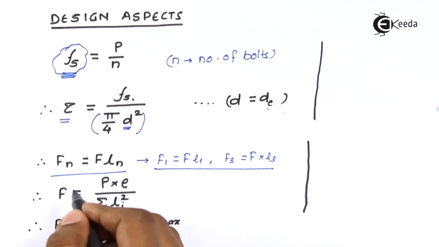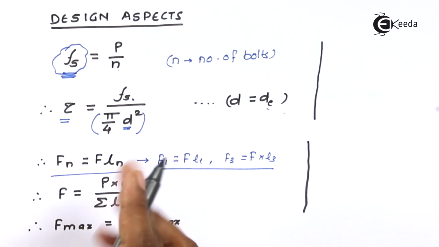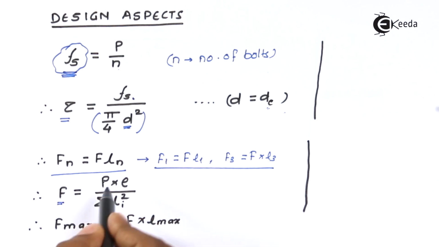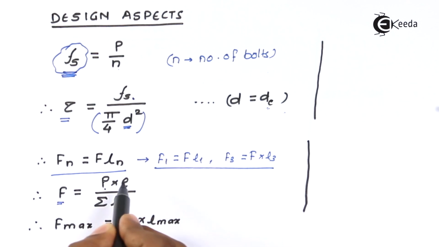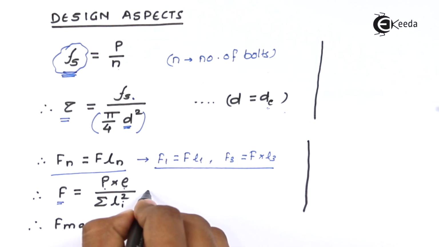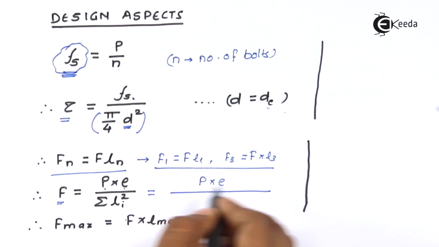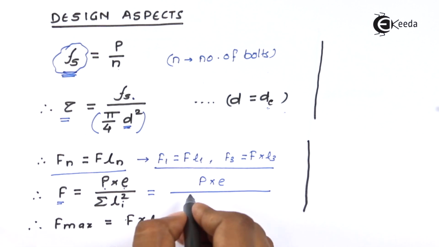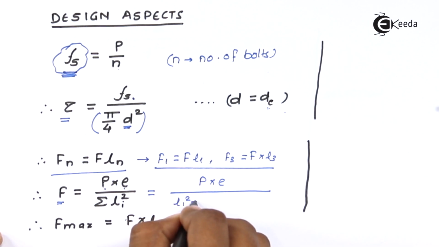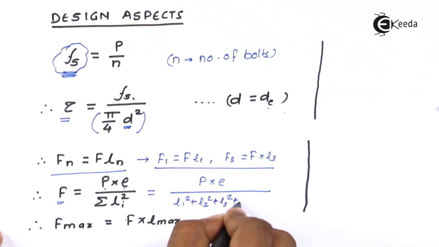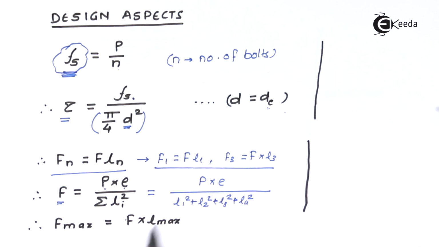In case I go for the balance of the moments, I'll get this particular expression where total force will be given in terms of P, eccentricity, and the summation of square of all the lengths. So if I elaborate it, it becomes P into E divided by, in case of 4 bolts, L1 square plus L2 square plus L3 square plus L4 square.